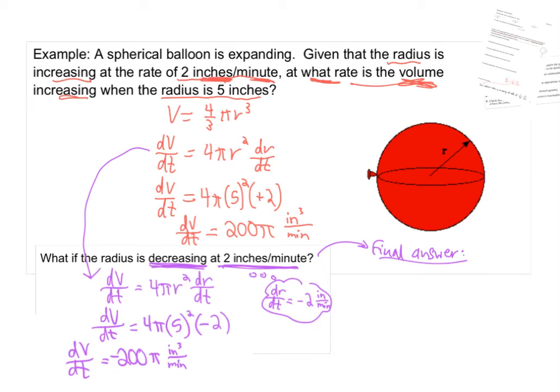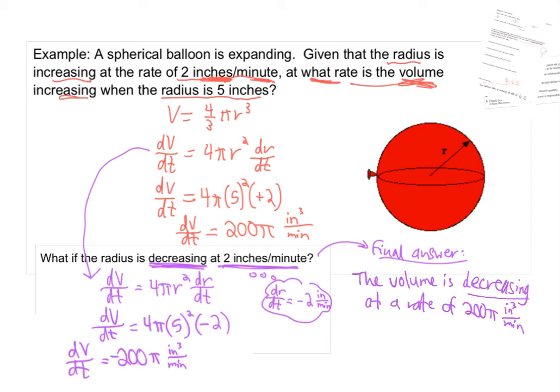That's redundant. We're reflecting decrease twice, so that doesn't make sense. What we should say then is that the volume, in this case, is decreasing at a rate of 200 pi inches cubed per minute.